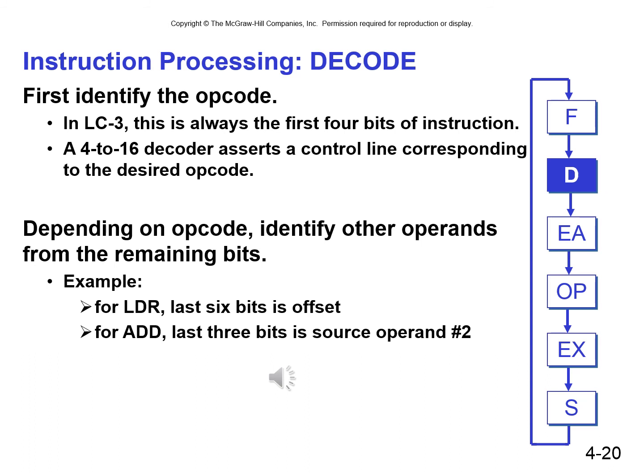So a 4-to-16 decoder asserts a control line corresponding to the desired opcode. Depending on the opcode, we may identify other operands from the remaining bits. So for example, for LDR, the last 6 bits is an offset. For add, the last 3 bits is source operand number 2, etc.